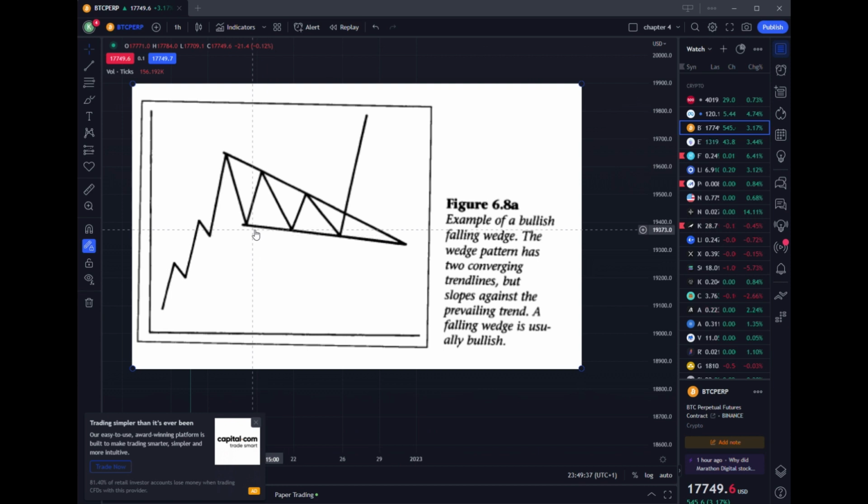We're going to go to the next one, which is a bullish falling wedge. In my opinion, it's kind of similar to the descending triangle, because you still have the almost horizontal line at the bottom, but it just means it's getting its weight back by falling down a bit.